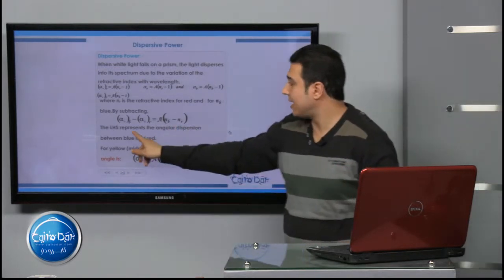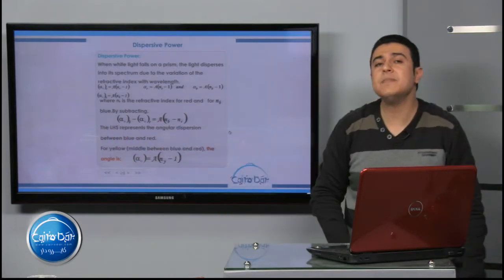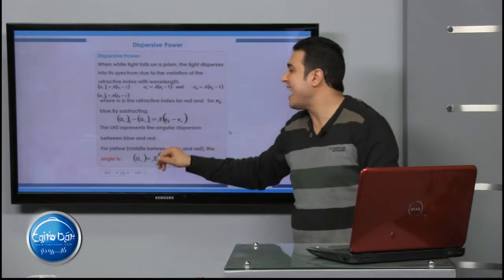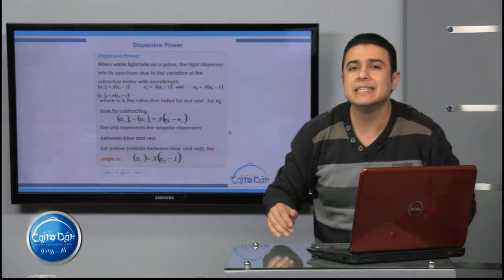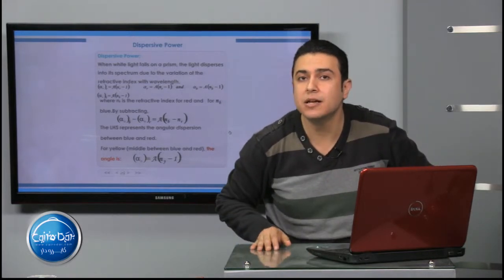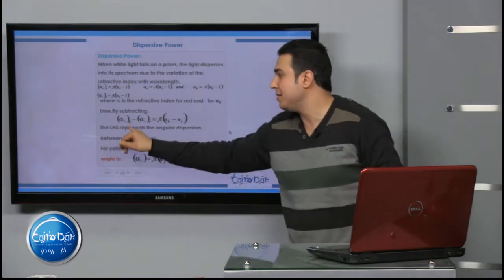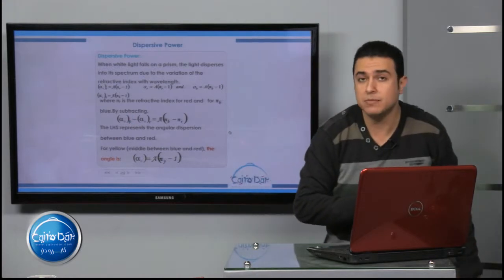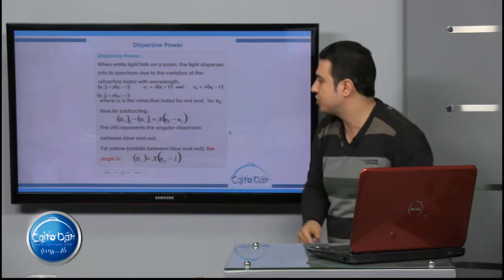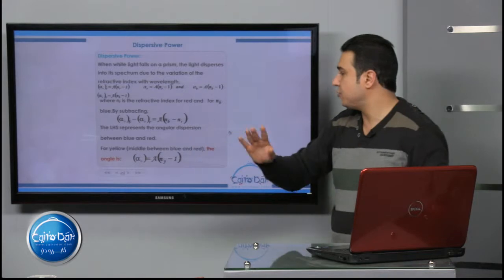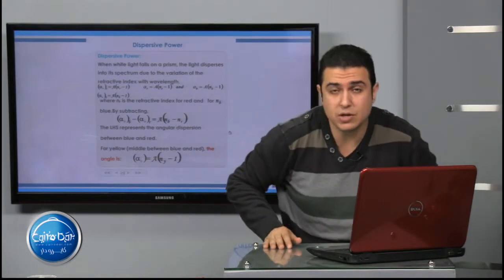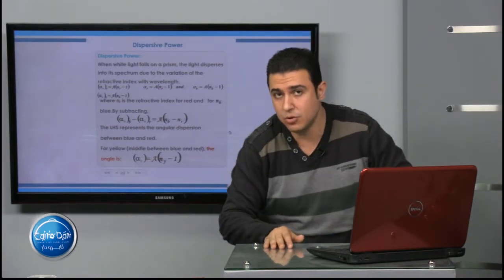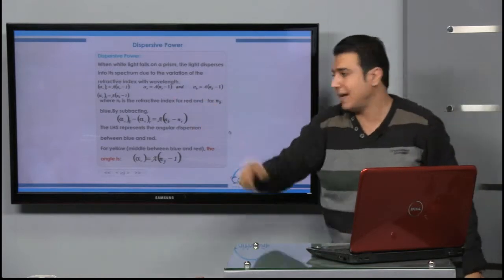So this left hand side represents the angular dispersion between blue and red light. For yellow, in the middle between red and blue, alpha naught for yellow equals A between brackets n yellow minus 1.